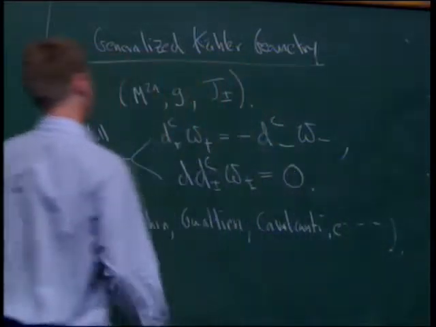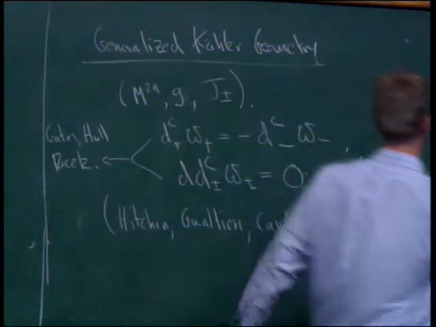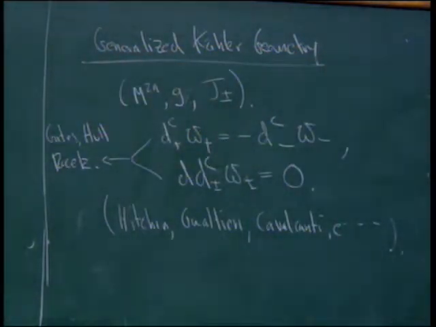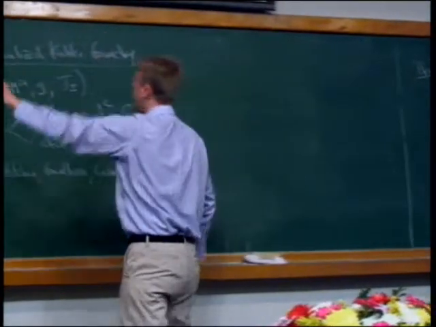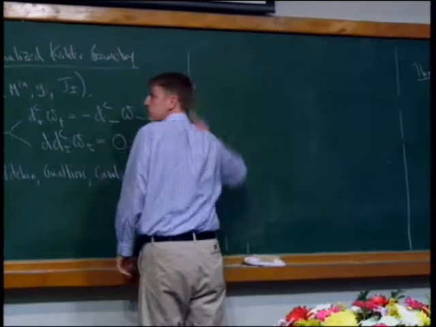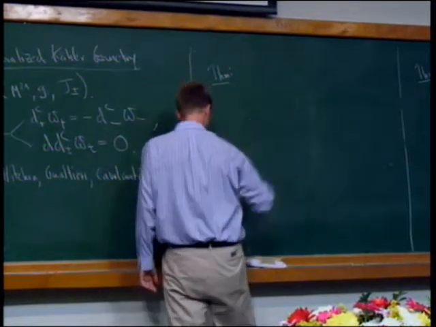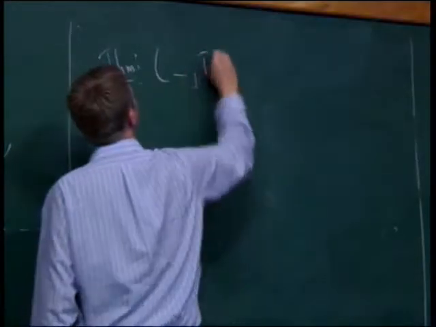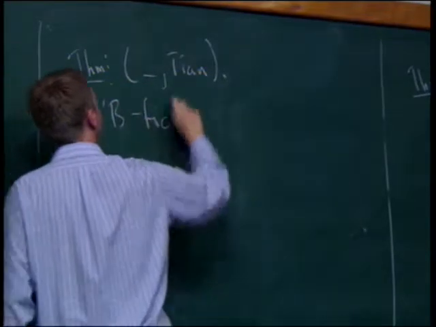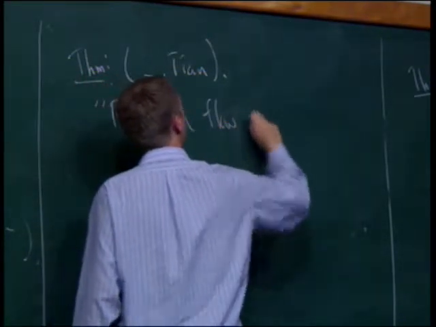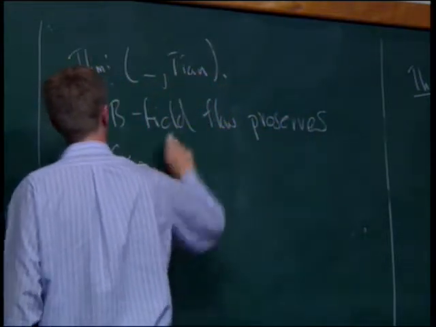They gave the right way to look at these equations. Another consequence of that theorem, that observation, and in the interest of time I'll just write it in quotes, again from myself and Tian: the B field flow preserves generalized Kähler geometry.